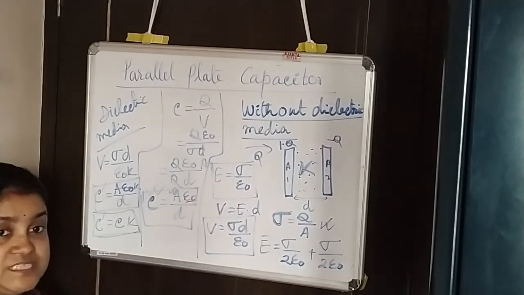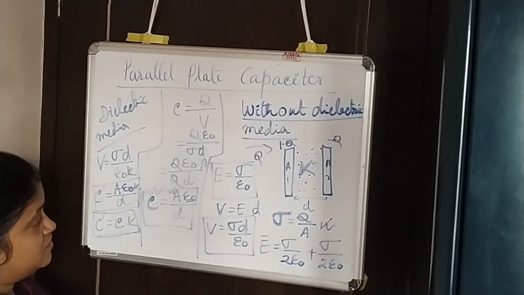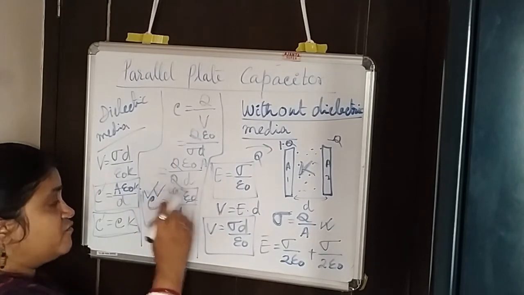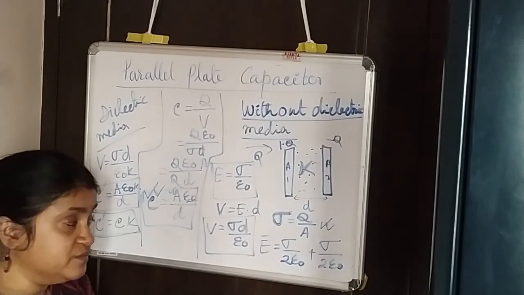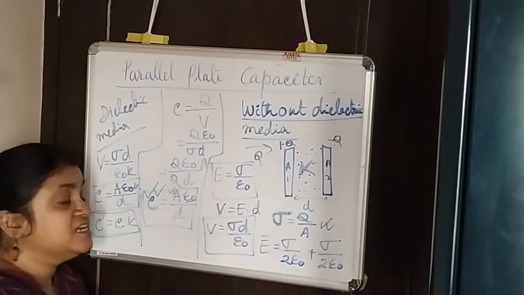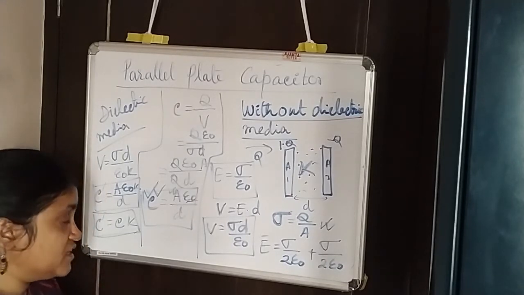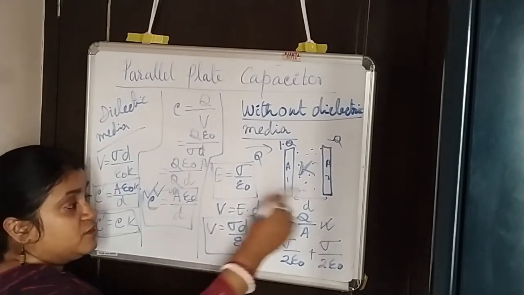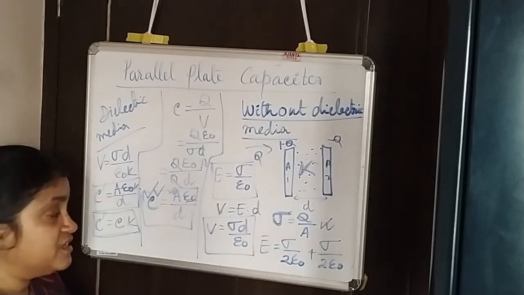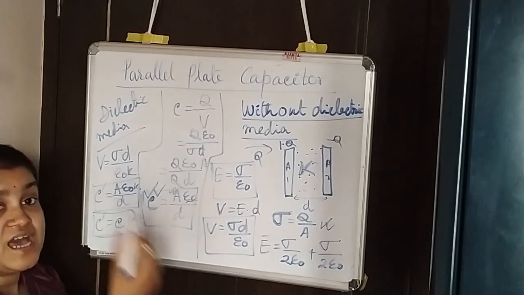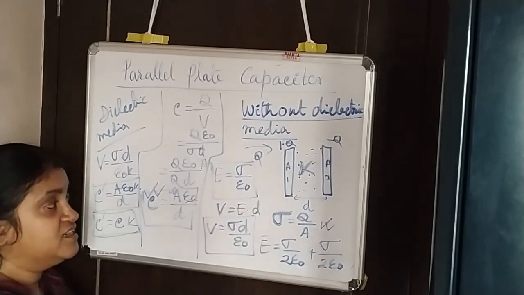With this we have derived the capacitance for a parallel plate capacitor without any dielectric medium, and seen that it depends on the area of the plates and the distance between them. And as we insert a dielectric medium, the capacitance increases K times.